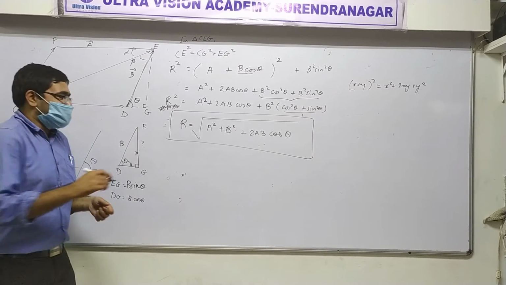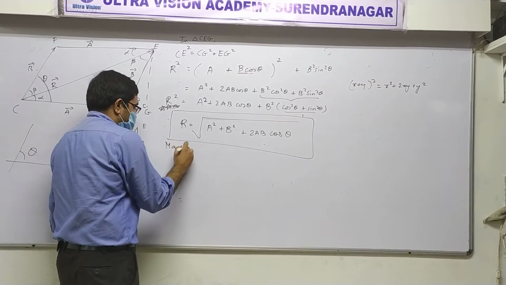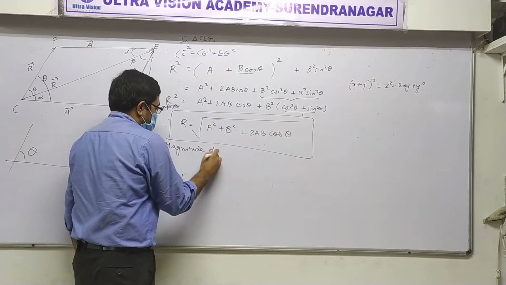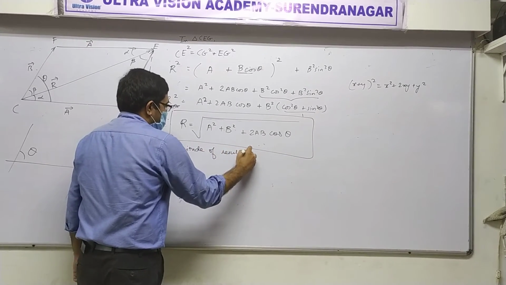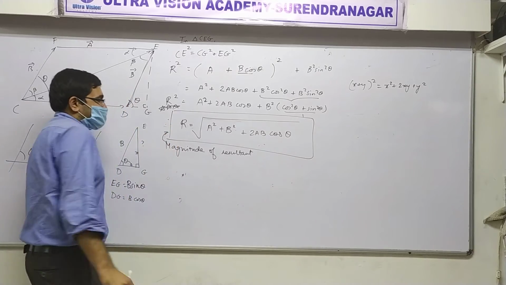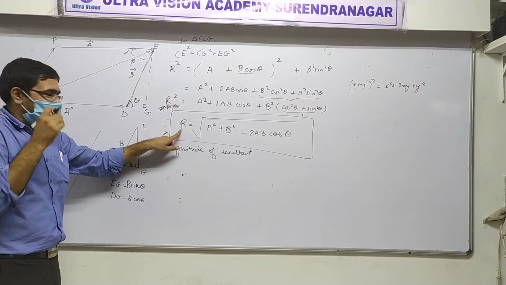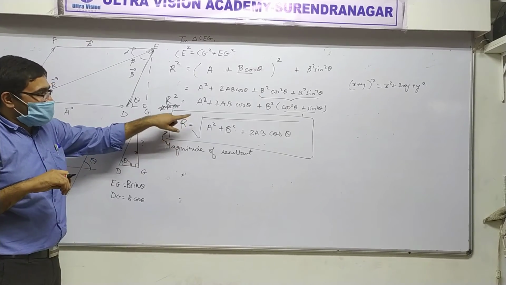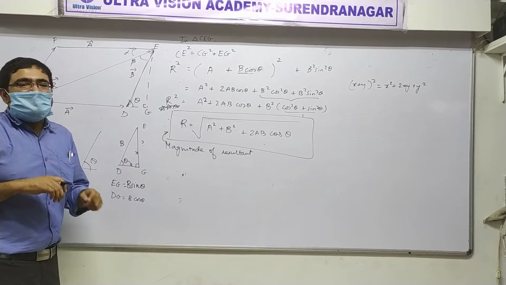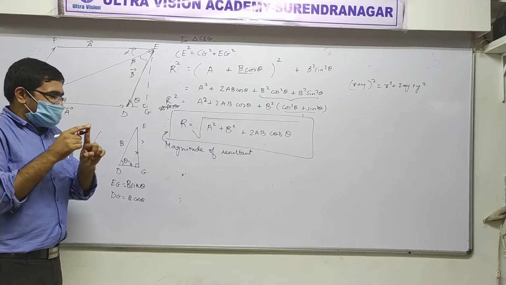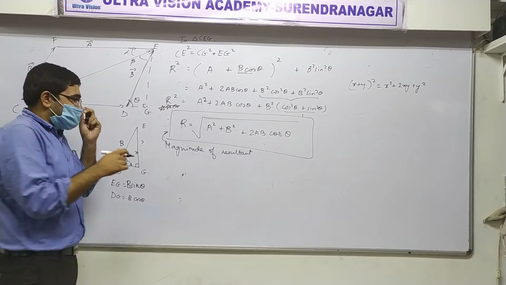Alright, so what's this formula for? Magnitude of resultant. This is the formula for magnitude of resultant. R for the magnitude of resultant. Just the magnitude of resultant. It is under root a square plus b square plus 2ab cos theta. A for magnitude of A, B for magnitude of B. What is theta?